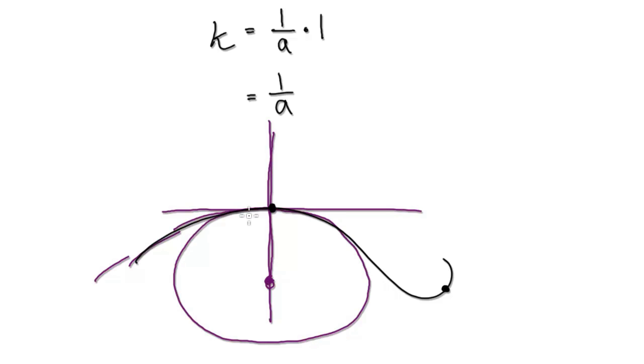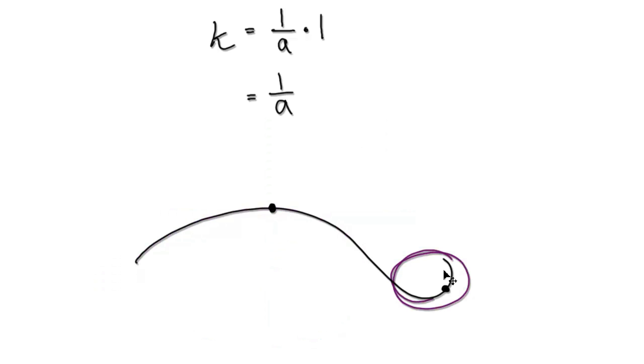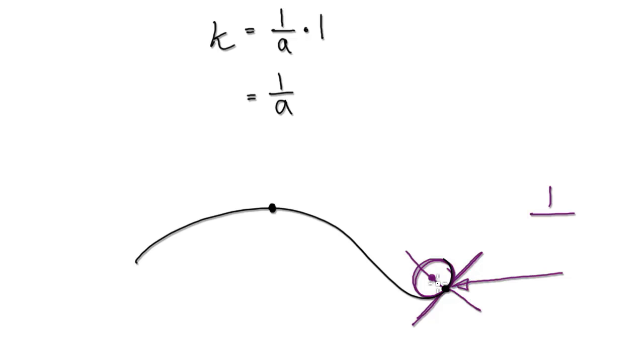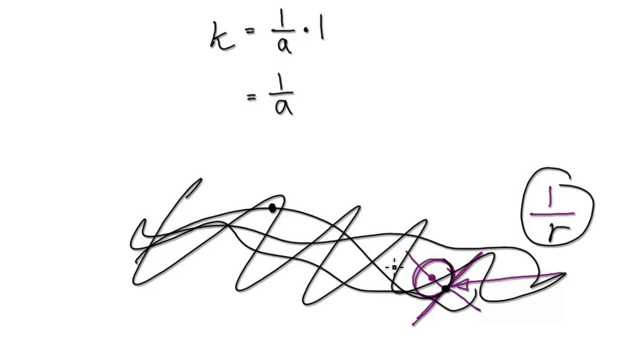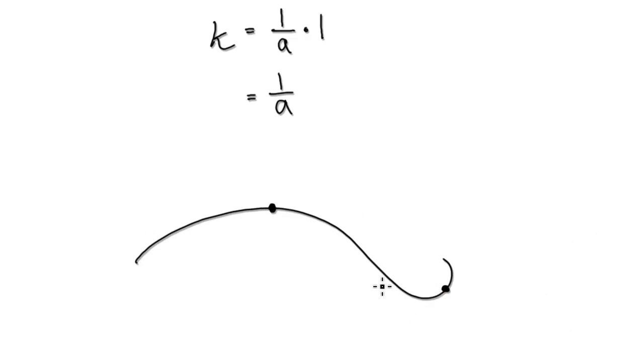The curvature of this curve is actually 1 over the radius of this circle. So if you look at the curvature right here, you draw a circle that best fits this region. They will share the same tangent and the same normal, and it goes through the center of the circle. The curvature at this point will be 1 over the radius of this circle. Just bear that in mind. You don't need to understand this for the time being, but just have that at the back of your mind.